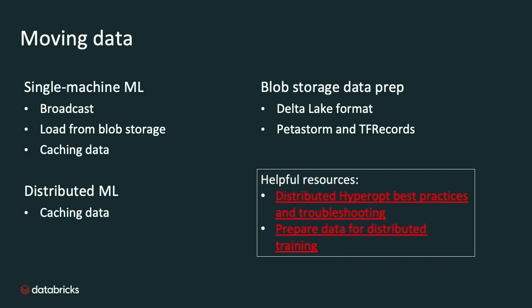Caching data can also come into play and becomes even more important in distributed ML. Blob storage data prep is really important as data sizes start to grow, and Delta Lake, Petastorm, and TFRecords are key tech to be aware of. And these links to resources are nice in terms of walkthroughs of these different options.